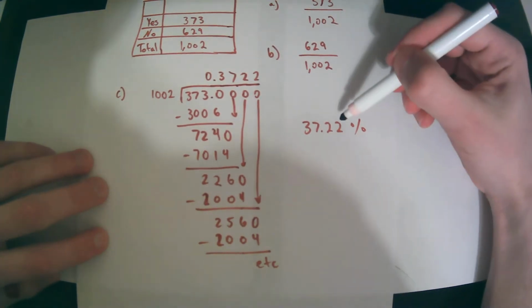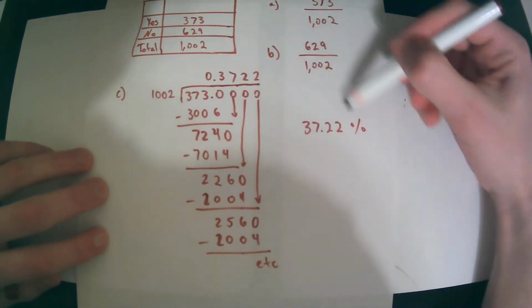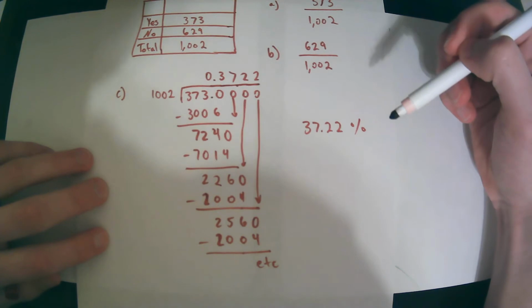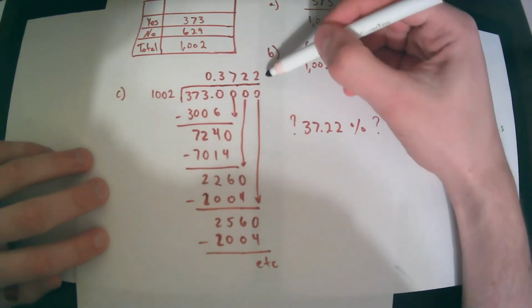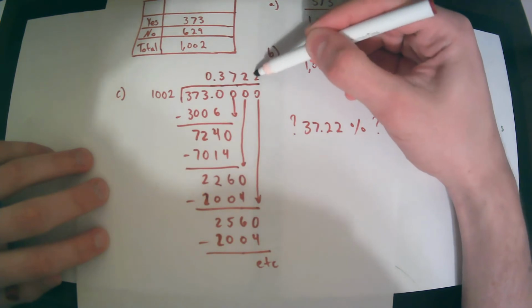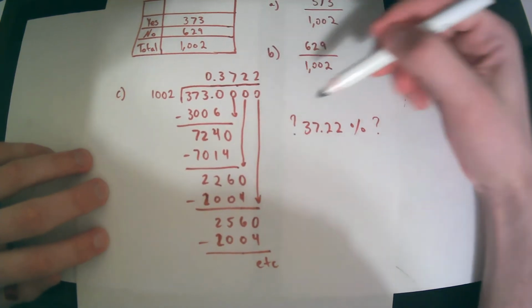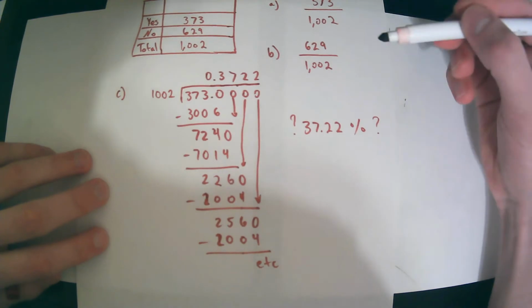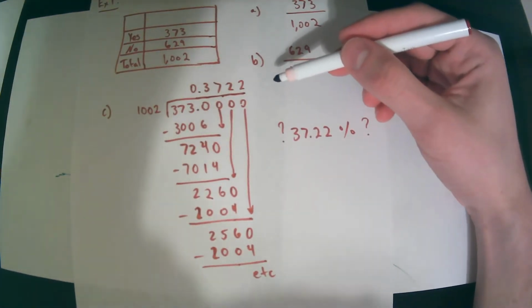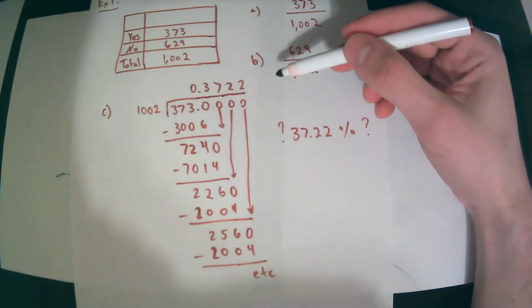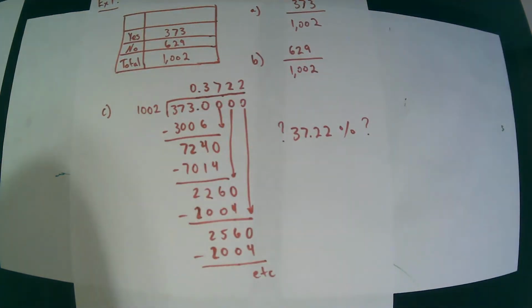There's an issue with this, though. If I wanted to round to the 100th place, like I've done here, I need to go one digit further so I know whether this 2 should round up to a 3 or if it does indeed stay as a 2. If you've done this with a calculator, then you know the next digit. I'm just going to ask the calculator. 373 divided by 1002.